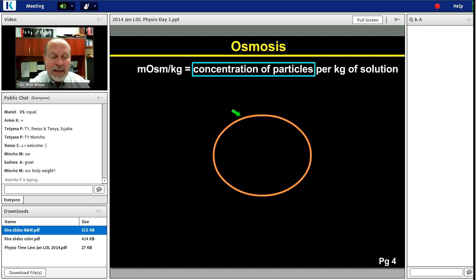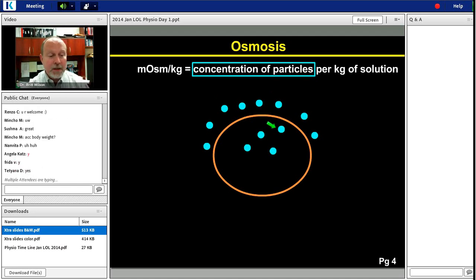So what I'm going to do is say, here's a cell. I'm going to put a bunch of solute around it. So the little round dots represent solute. All right. Does everybody see that I have more solute outside than I have inside? Is everybody good with that? Got more solute outside than inside.